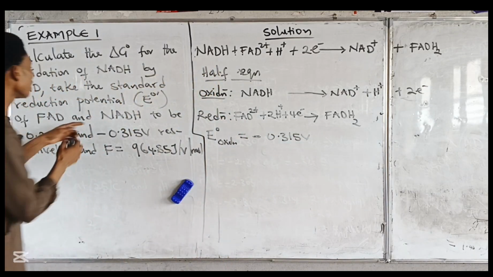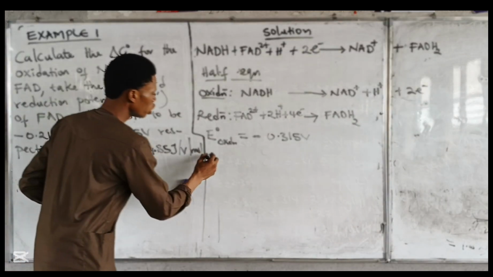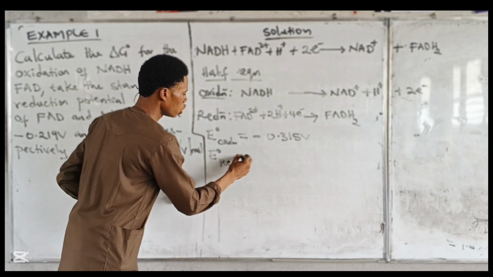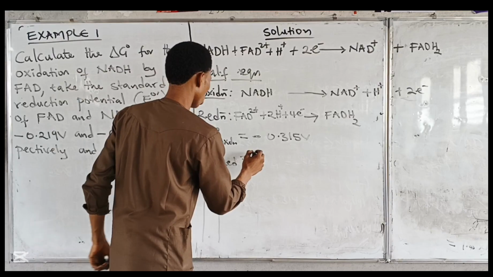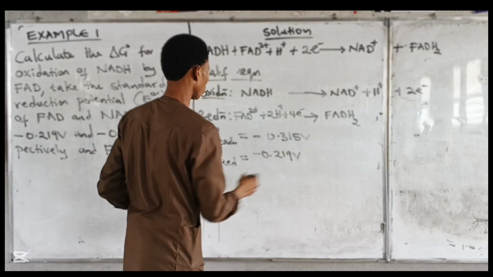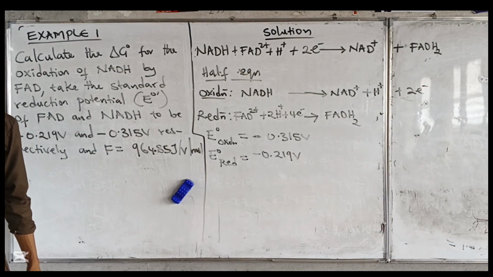They said FAD and NADH respectively, meaning this one is for FAD, this one is for NAD. So E0 for reduction is given as minus 0.219 volts.